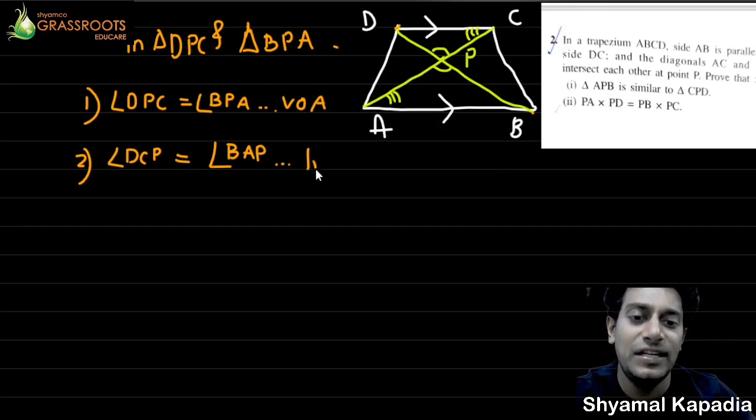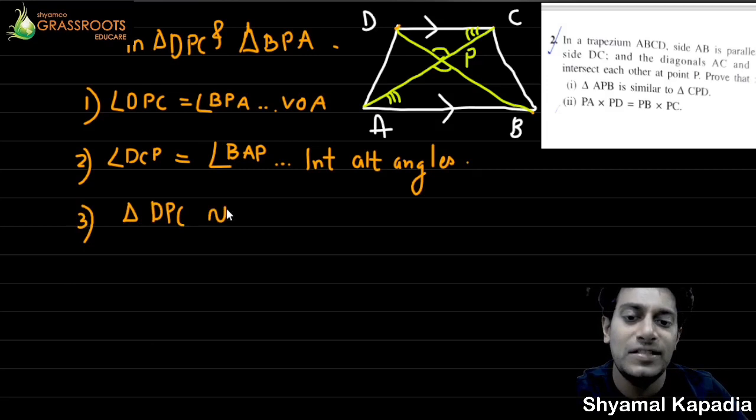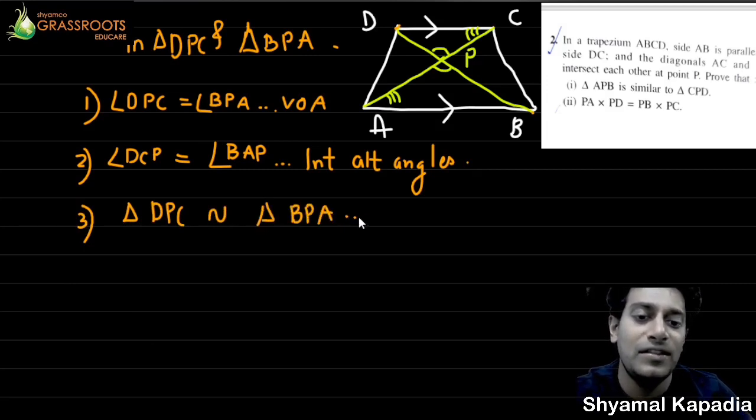The reason is interior alternate angles. So ho gaya na. So can I say by angle test, triangle DPC is similar to triangle BPA, and the reason is AA test of similarity.